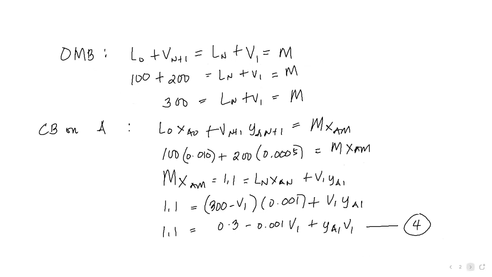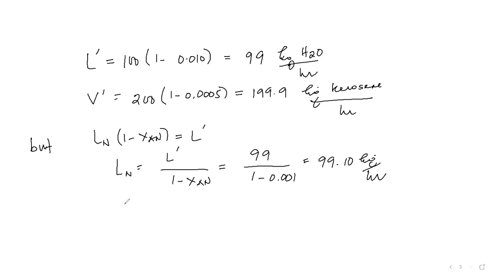So it follows that V1 is 300 minus Ln. And the V1 that remained unknown in equation 4 can now be solved. So 300 minus 99.1 will be 200.9 kilogram per hour.